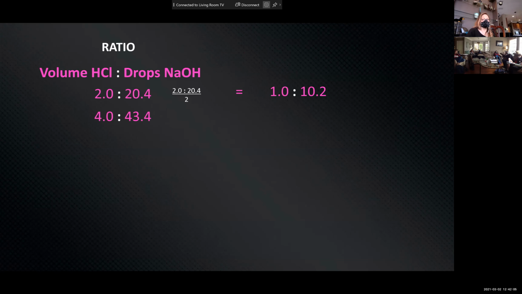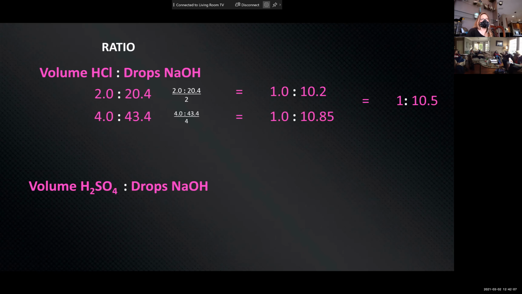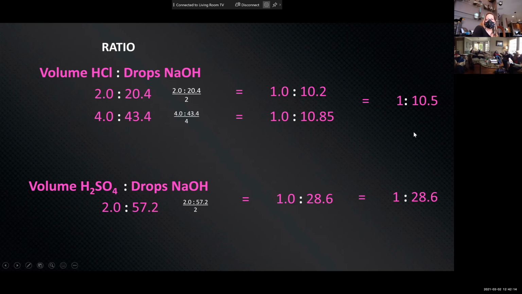So if I put it all out here, you can see what I did is I broke it down to a 1 to something ratio. Does everybody see how I did that? We had 2 to 20.4, which is 1 to 10.2, and 4 to 43.4.